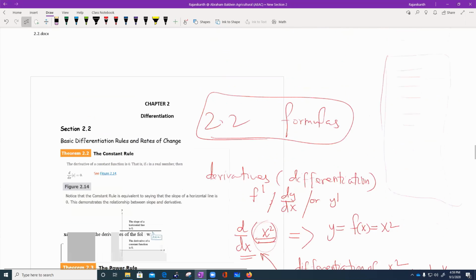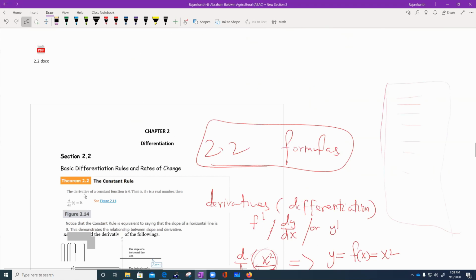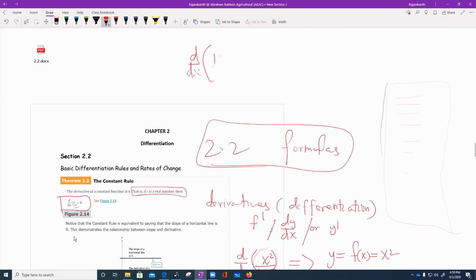Now, if you look at theorem 2.2, how do you read this? The derivative of a value c is always 0. What is c here? C is a real number, a fixed, constant number. If you take the derivative of any constant value, it is always 0, right? If I ask you, what is the derivative of 10?